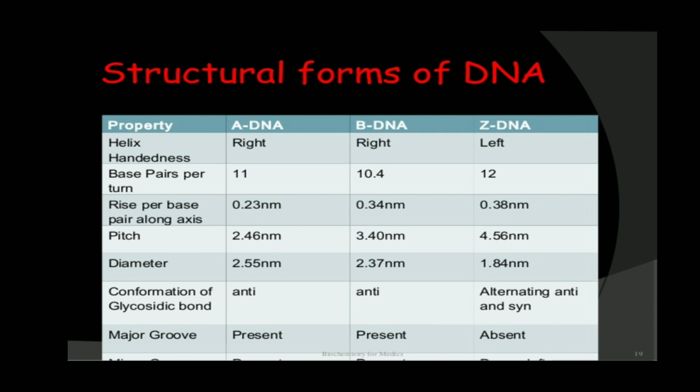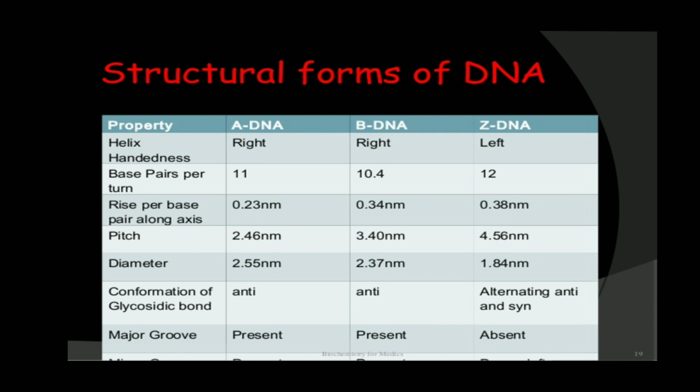This double helical structure of the DNA is found to exist in other alternative forms, such as A DNA on the left side and Z DNA on the other side. In helix handedness, A DNA shows a right-handed structure, and Z DNA shows a left-handed structure.